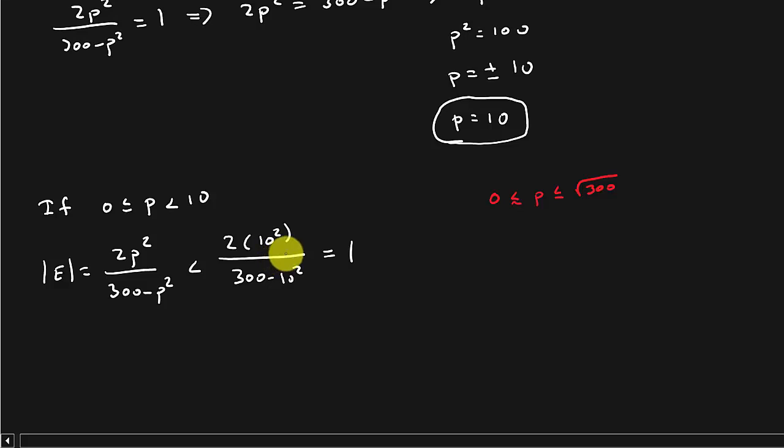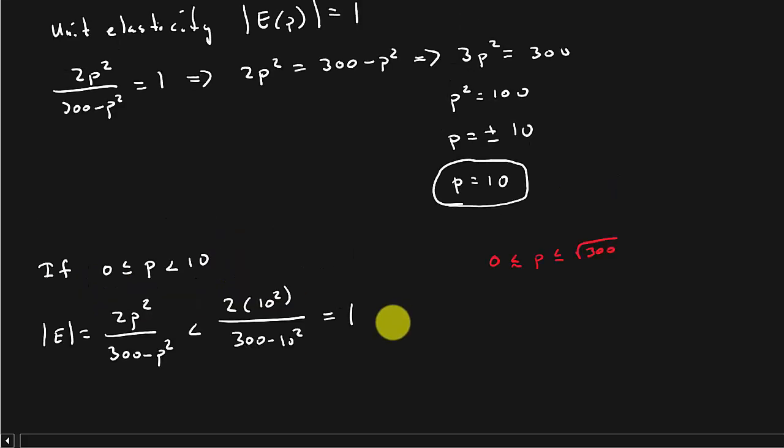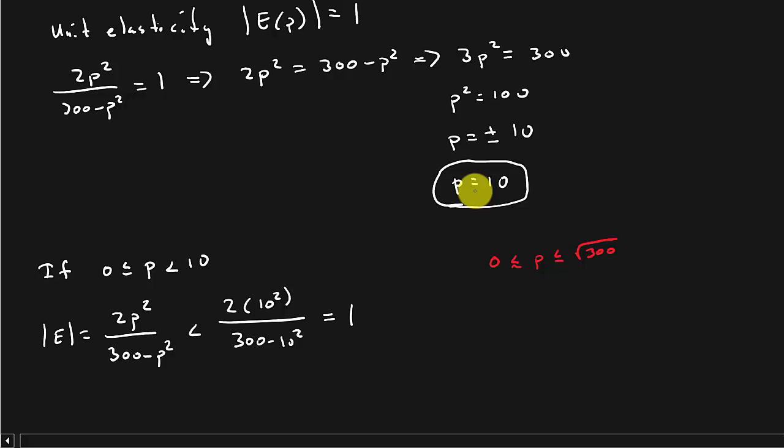Okay, so what I'm saying is, if I take a p-value between 0 and 10, but not including the 10, and I plug it in here, I'm going to get a value less than what I get if I plug the 10 in. Because if I plug 10 in, that gives me 1. But if I plug something smaller than 10 in, that's going to give me a value less than 1.